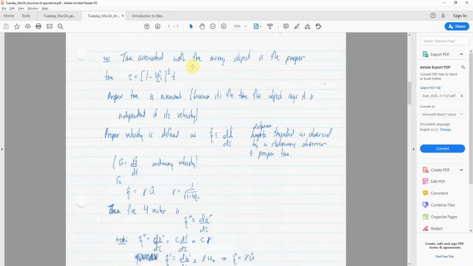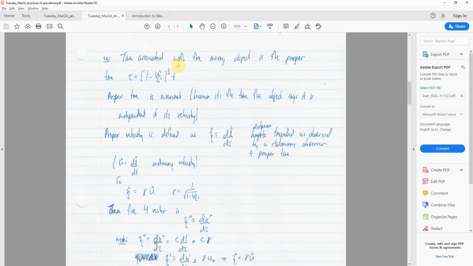Something that's really useful is using proper time. As Einstein would call it, Eigenzeit. When you hear eigenvalues and things like that, what they mean is proper or own. So Eigenzeit means its own time, or its proper time.